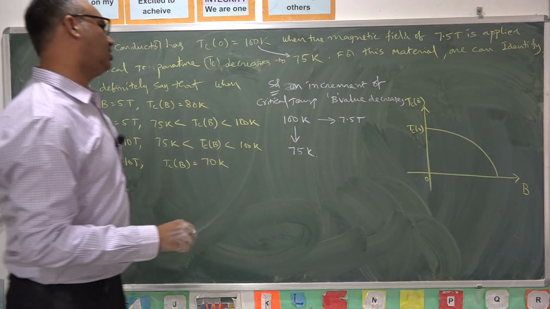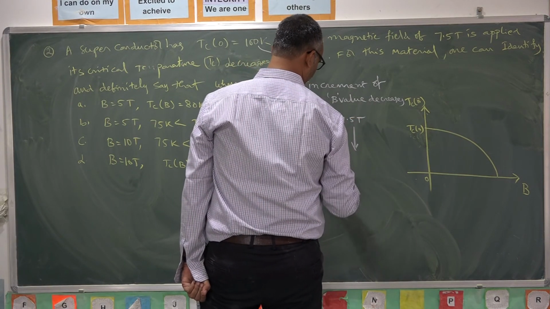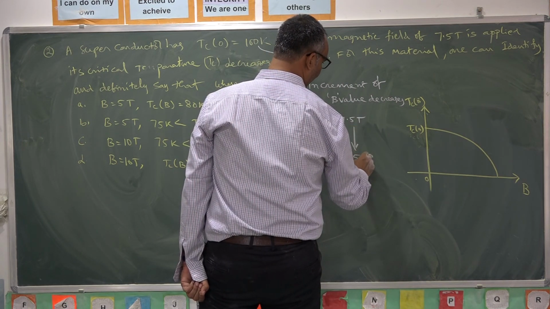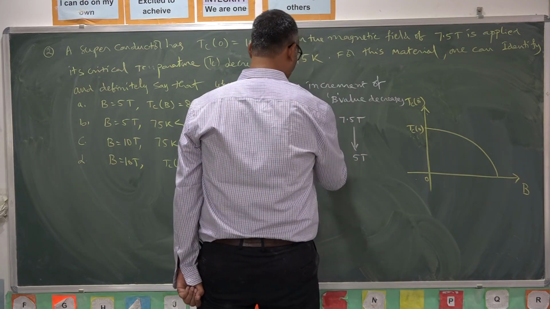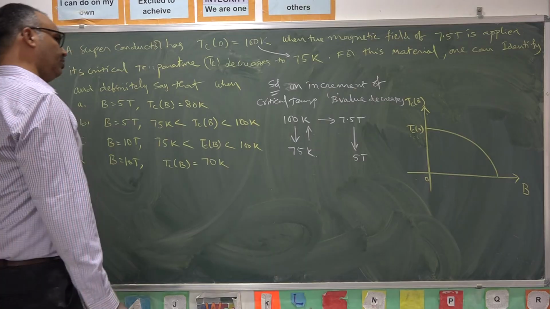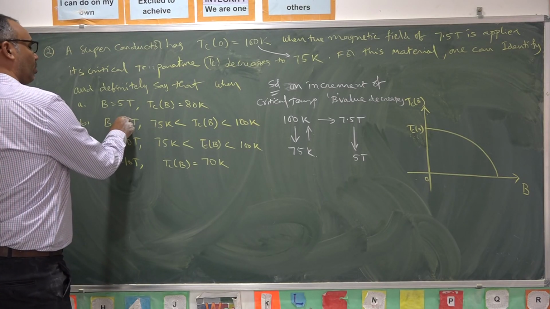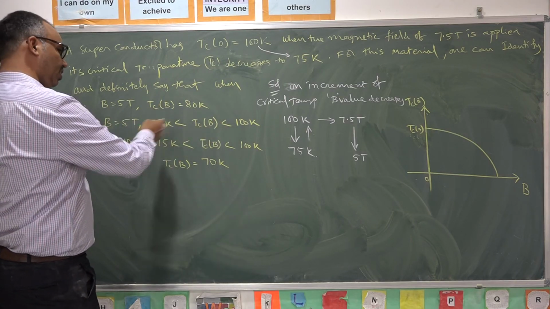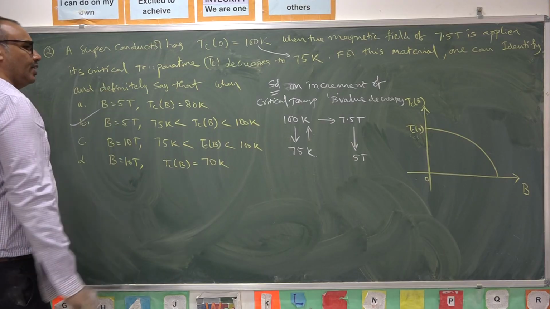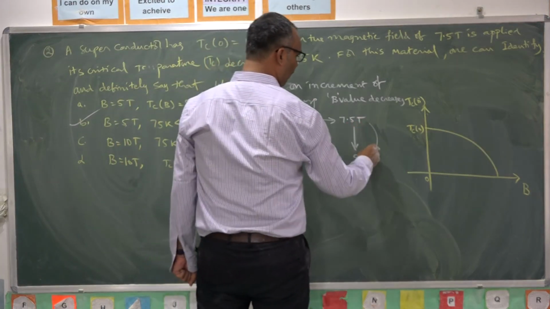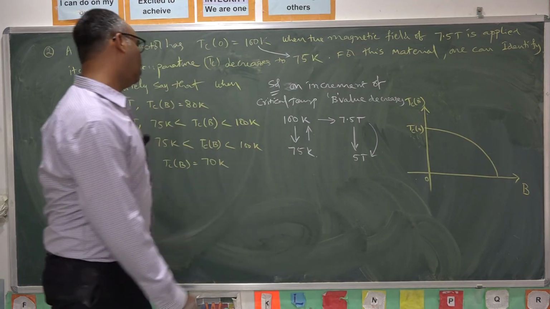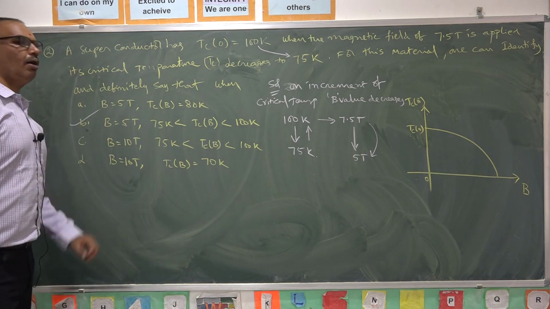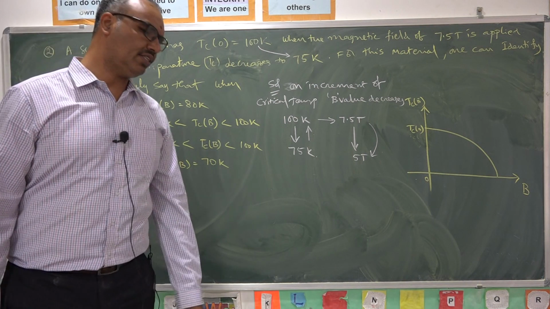If it decreases to 5 Tesla, it should increase from 75 to 100. So when we decrease the magnetic field value from 7.5 to 5, the temperature should increase in between 75 to 100. So obviously option B is correct. When we decrease B value, T value should increase in between 75 Kelvin to 100 Kelvin. Obviously option B is the correct answer. Thank you.